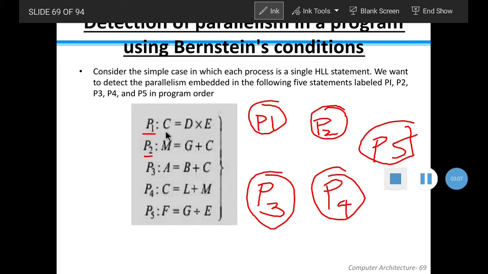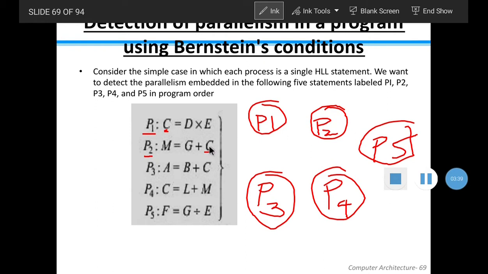If you observe here, in P1 we are multiplying, C is equal to D into E. So the output is C, and in P2 we are adding, M is equal to G plus C. So here we are using C. C is used as an input in the P2 statement.